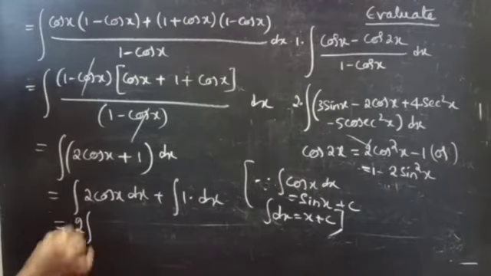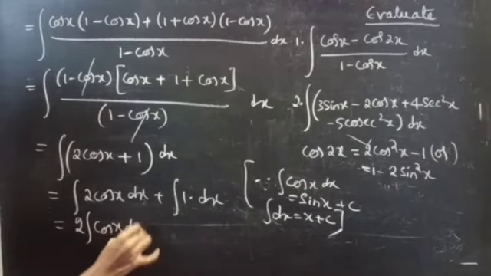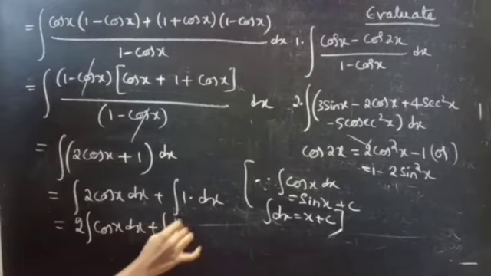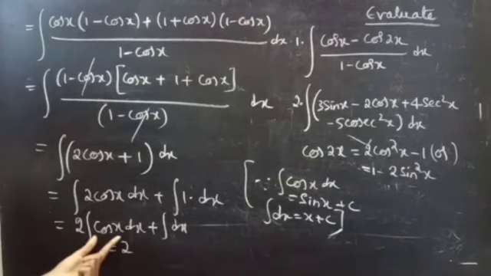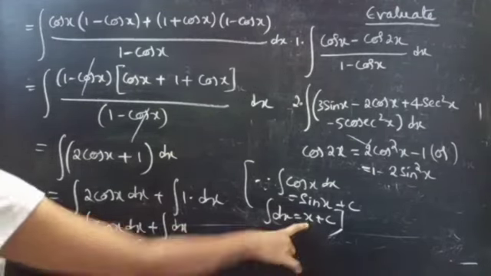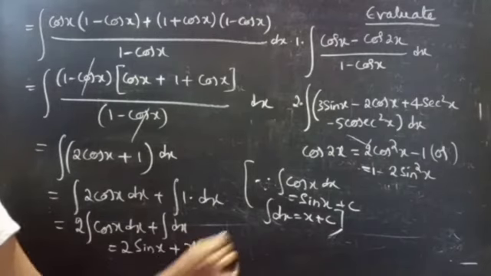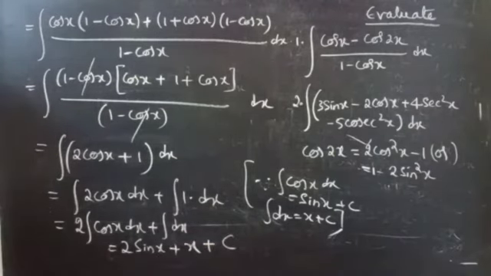You get 2 into integral cos x dx plus integral dx, where 1 into dx is dx. So finally you'll get 2 into sin x, replacing the integral of cos x, plus x, since the integral of dx is x, plus an integral constant.